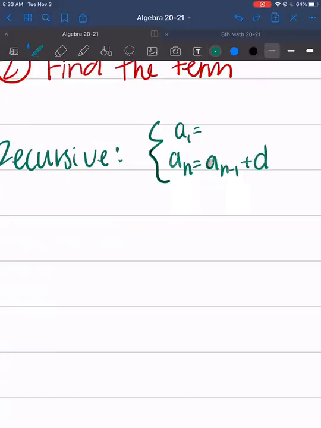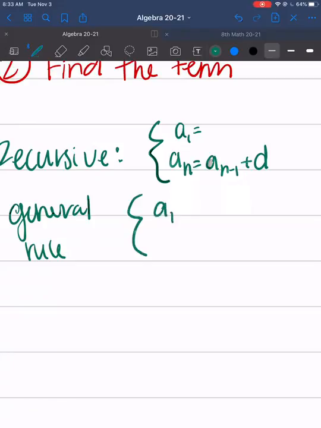So step 1 is to find the general rule for recursive form. What was our A1? 100. And then A sub N equals A sub N minus 1 plus, what was our D? Plus 7. So that's the general rule.